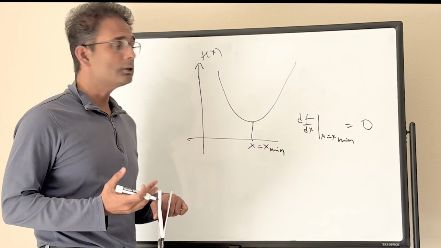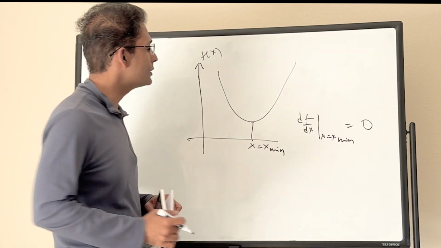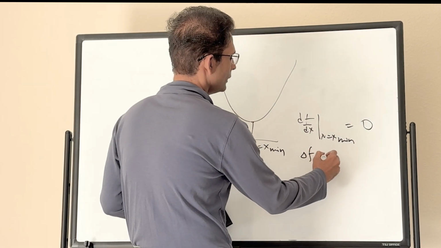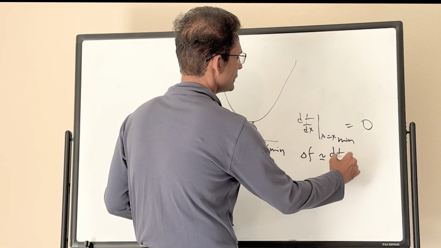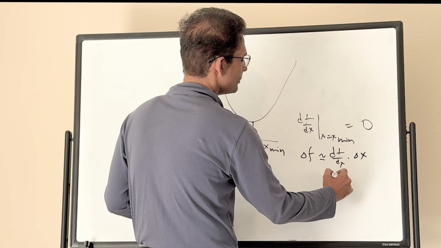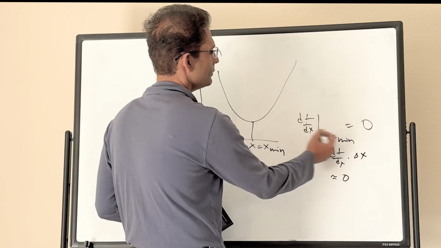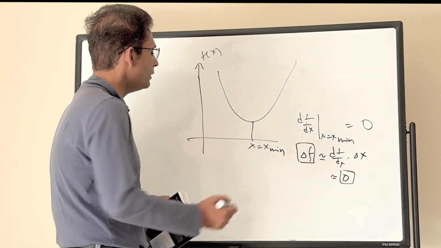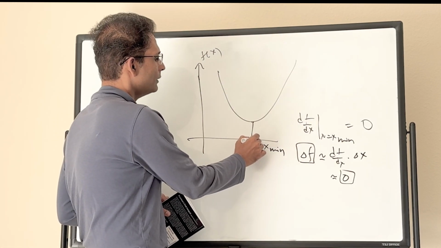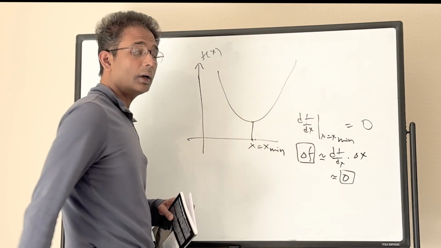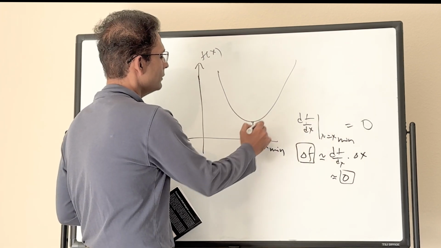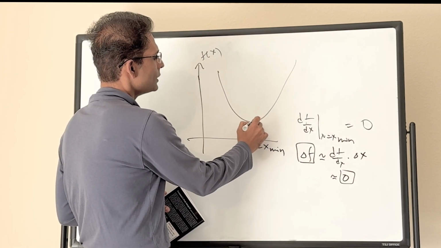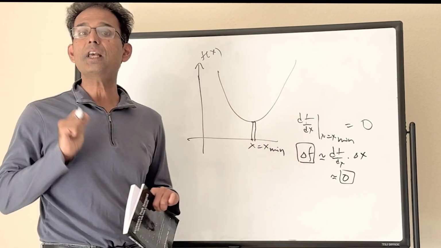Another way to characterize the minimum is to say that the change in the function, which is equal to df/dx times dx, is approximately equal to 0, because if df/dx is 0, then the change in the function is 0. If you are near the minimum, the function approximately stays the same.